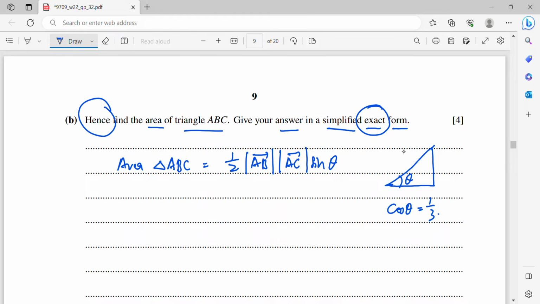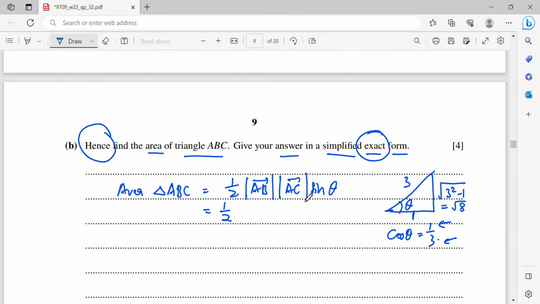Cos theta is 1 over 3, which means it is adjacent over hypotenuse. So adjacent is 1, hypotenuse is 3. So which means the opposite side is going to be square root of 3 squared minus 1, and I will be getting square root 8. Okay, so now here is going to be half modulus AB.